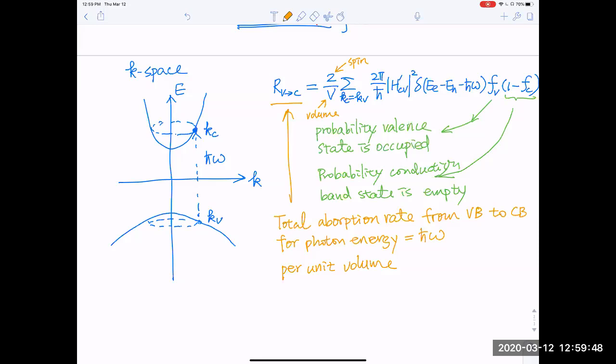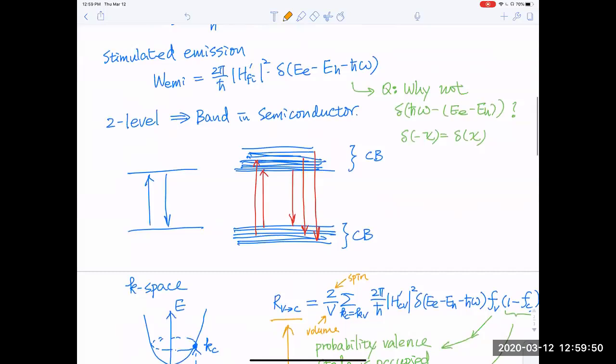Okay, follow-up questions again on this here. So why does this expression look different from what we had before?